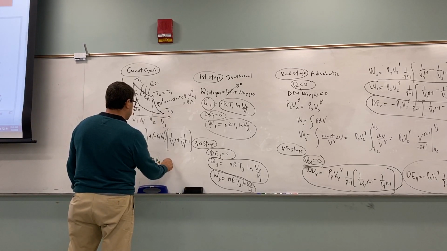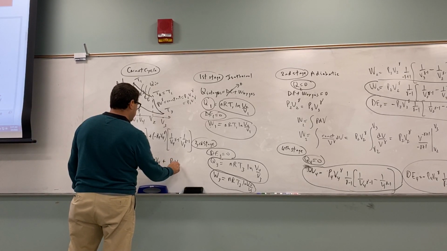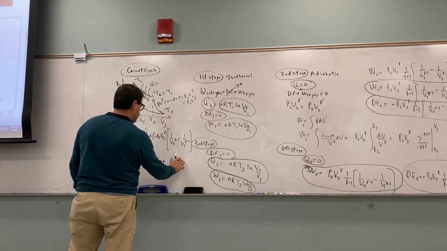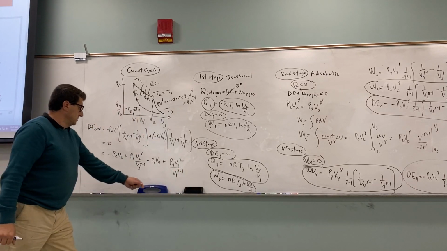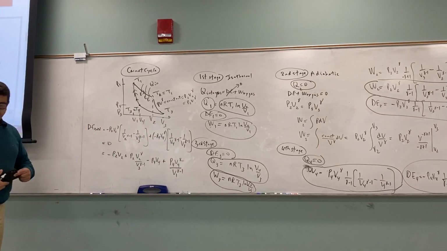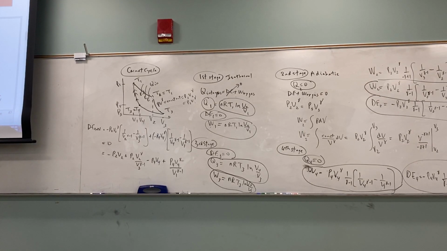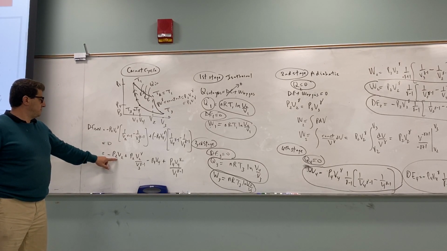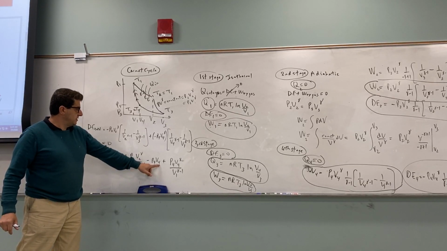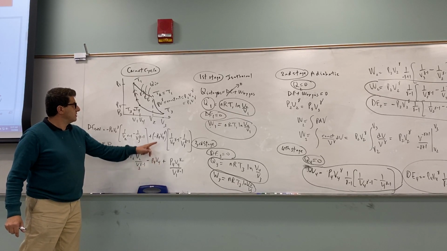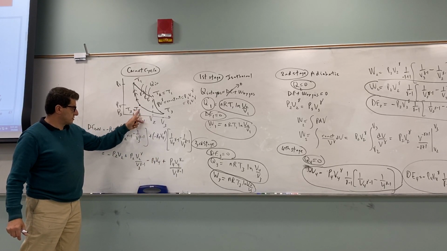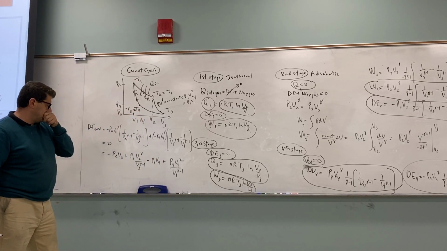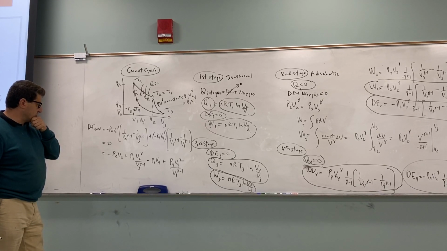and plus P4 V4 to the gamma over V1 to the gamma minus 1. Well, you could say P2 V2 is nRT2, and P4 V4 is equal to nRT4. It's probably going to take some more work.